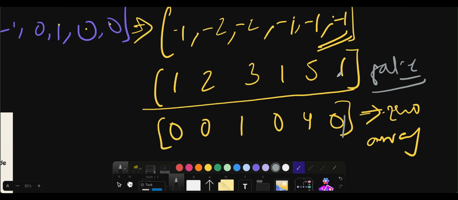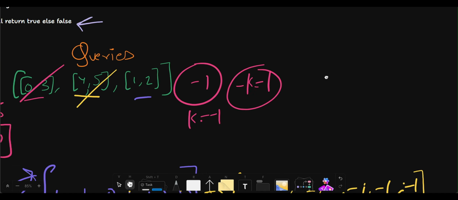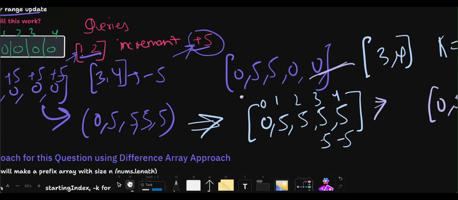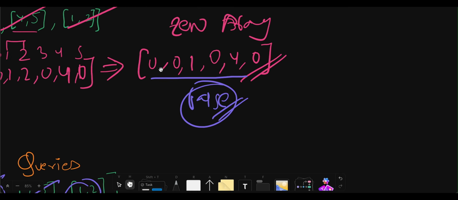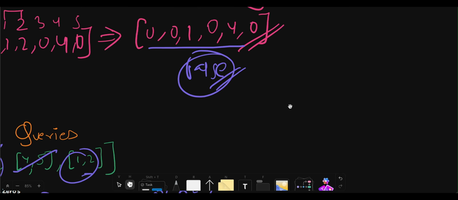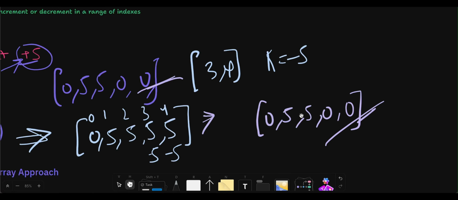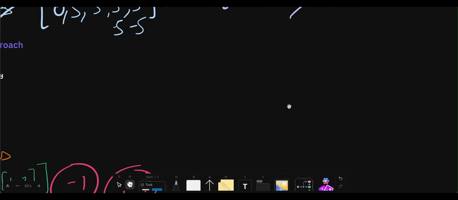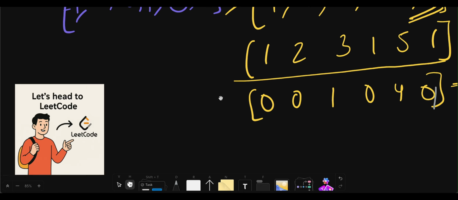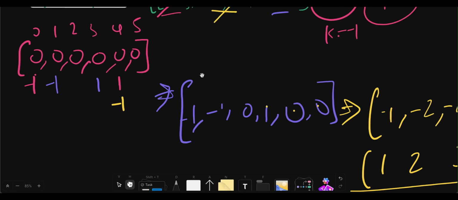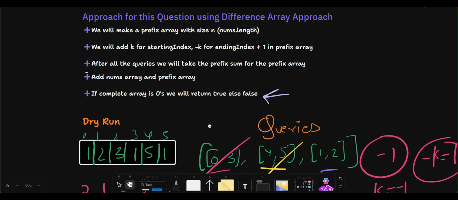So if you see in the starting, we have done the brute force method and we got the same result 001040. For this also we got the same result. So that means the difference array approach is working.